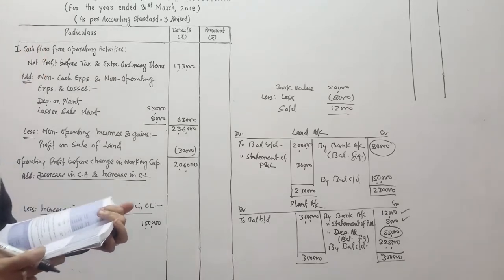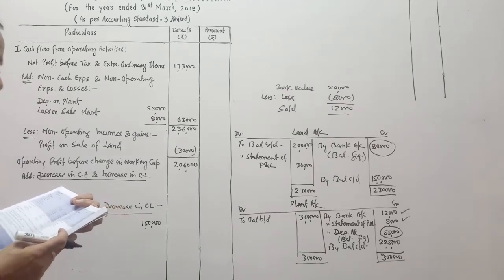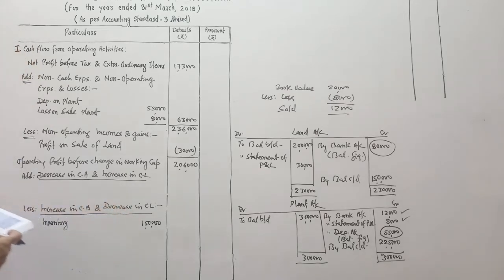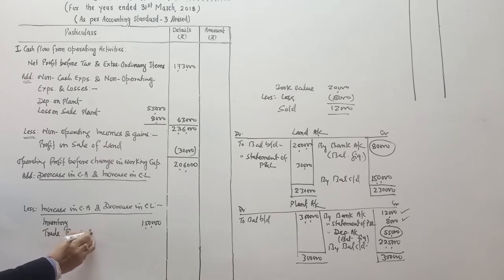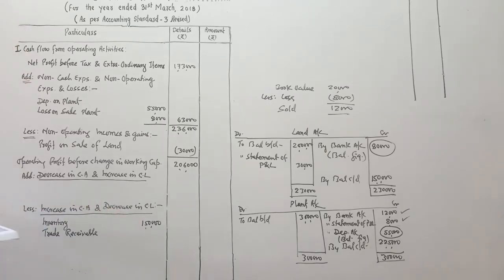Coming to the next, trade receivable. Last year it was 1,55,000 and this year it is 3,82,000. So trade receivable is also increased. Trade receivable is a current asset. Trade receivable means both bills receivable and sundry debtors, jointly known as trade receivable.